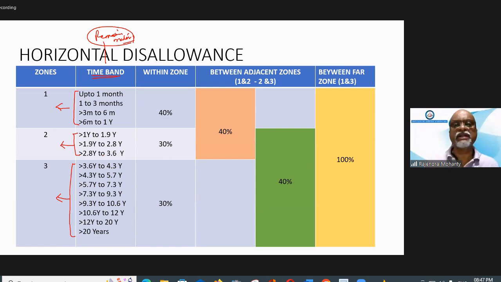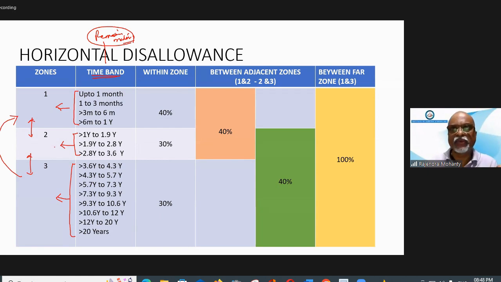Now, what is horizontal disallowance? Horizontal disallowance is applicable on the netted amount across the zones, that means interzone. Interzone means it happens if there is an adjustment of netting between zone 1 and zone 2, zone 2 and zone 3, or zone 3 and zone 1.